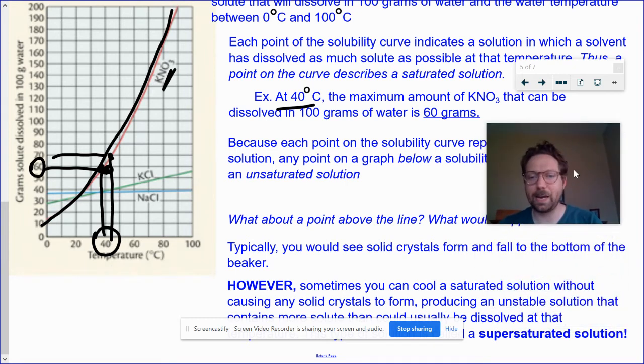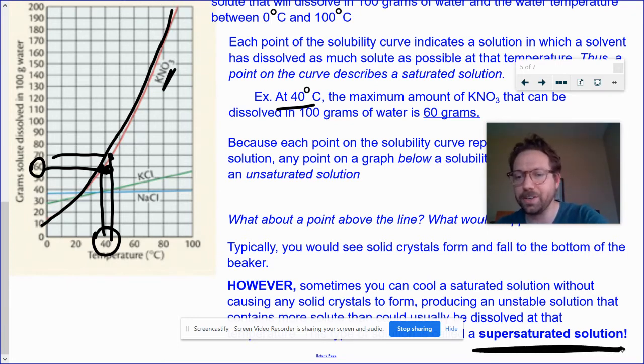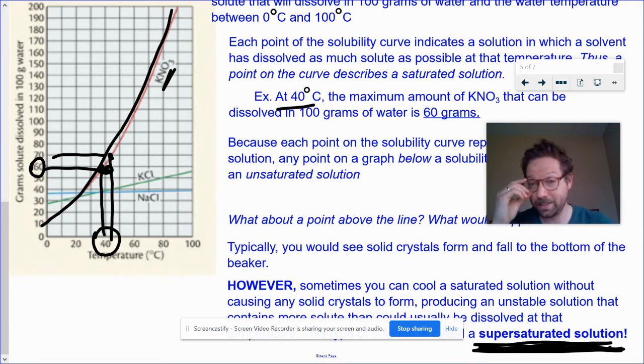Now, a funny thing happens. Sometimes you can make what's called a supersaturated solution. That sounds pretty cool, right? A supersaturated solution is where you heat it up, you add a lot of the solute, and then you cool it down really quickly.